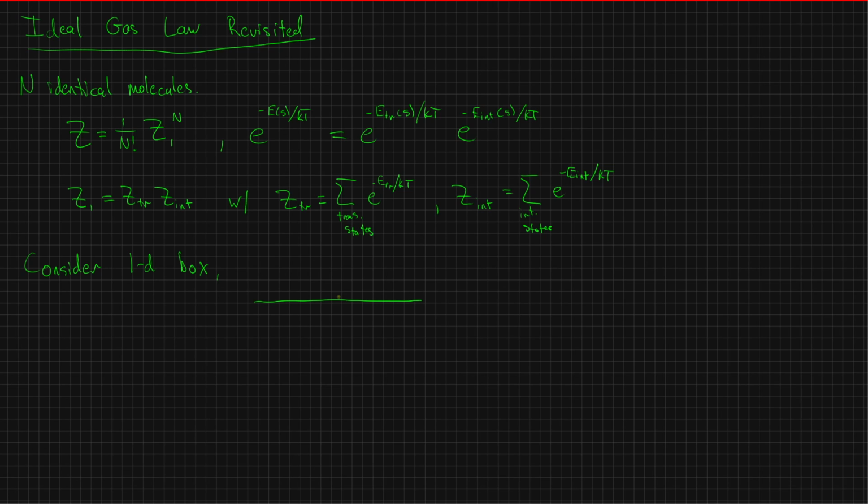So it starts there and ends there, and we want to put a wave function in here. What does the wave function have to do at the ends? It has to go to 0, right? That's what we mean by a box. So it's got to have a node there and a node there. What's the maximum wavelength that we can fit in here in terms of the length L?